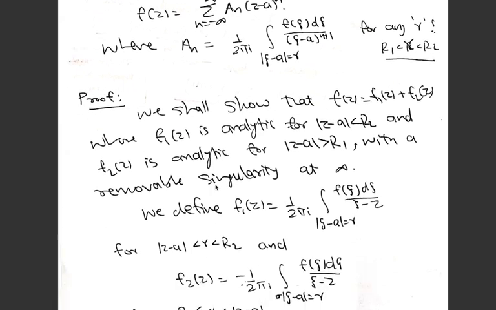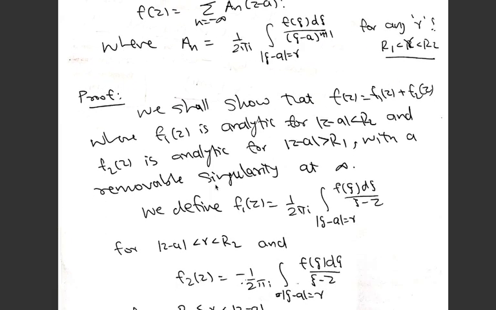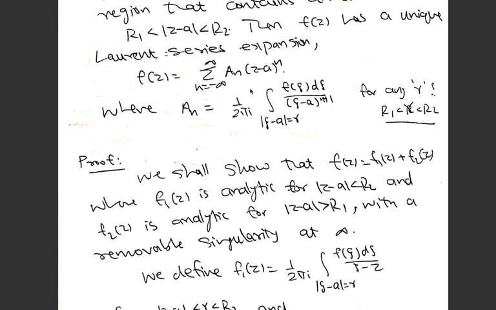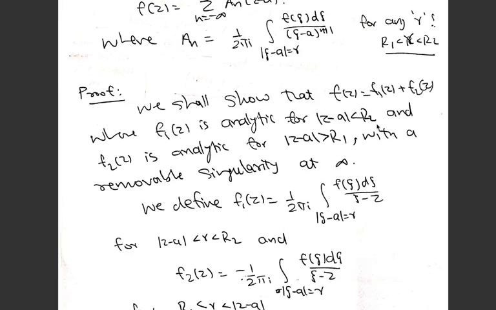Now the proof is very simple. You just need to write your function as the sum of two functions, f1(z) and f2(z), where f1 has the positive powers representation, and f2 has the negative powers representation. So you define explicitly f1(z) to be this. Let me explain what this means.